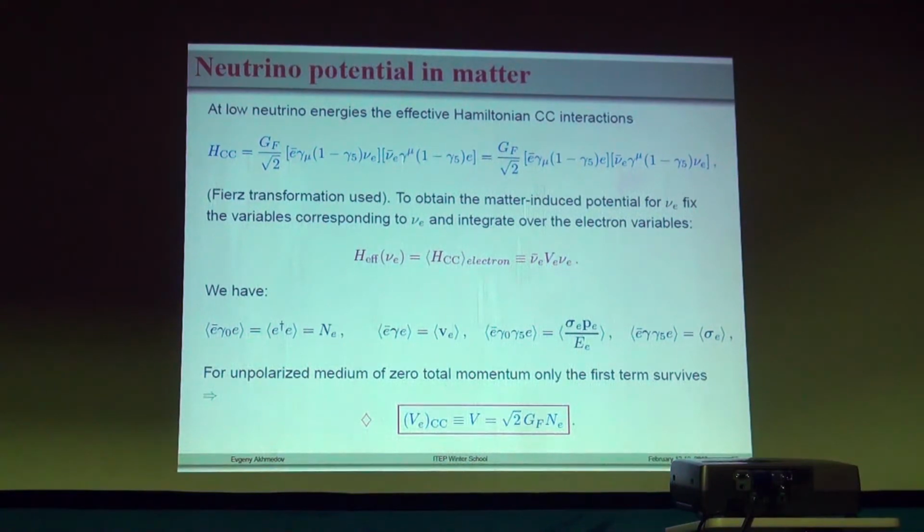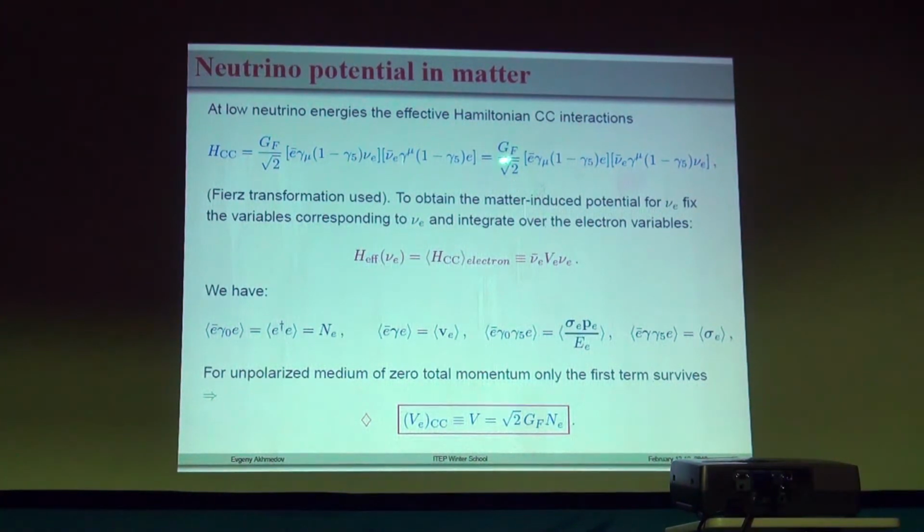Now, if we consider matter in which there are no fluxes, so the average velocity of electrons is 0, and the matter is unpolarized, so the average spin is 0, then only one term contributes. This term is equal to the number density of electrons. It's actually the number of electrons per cubic centimeter, nothing else.